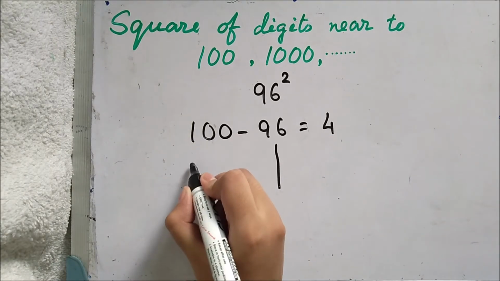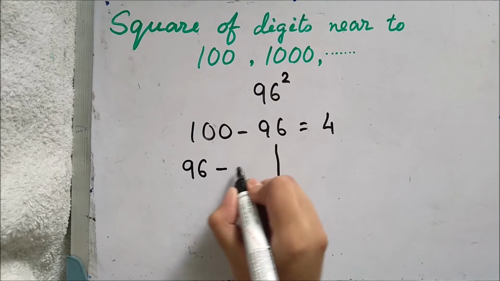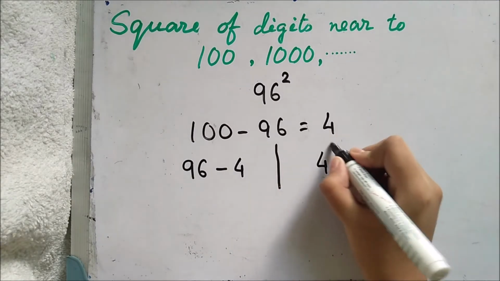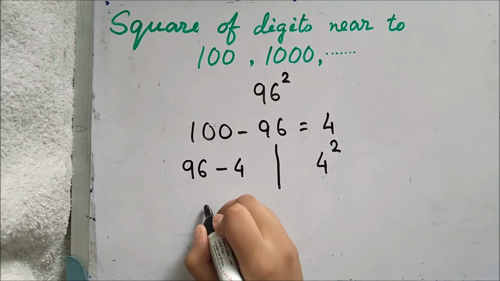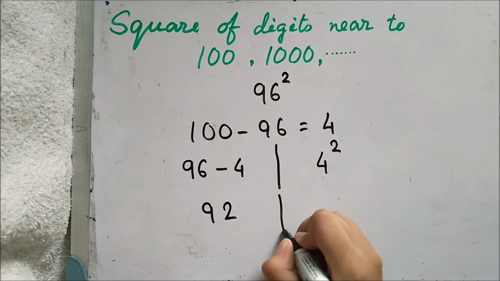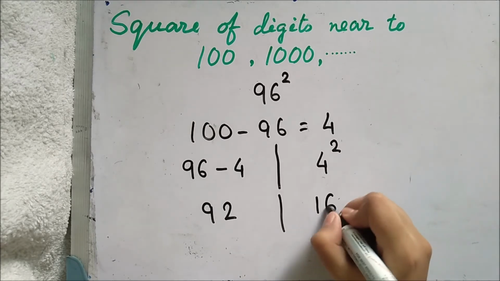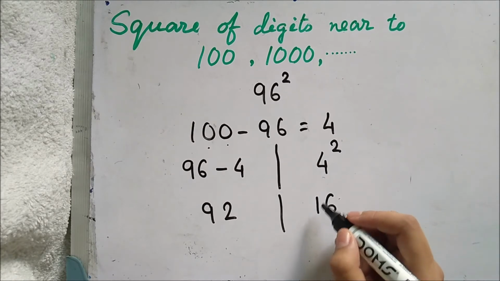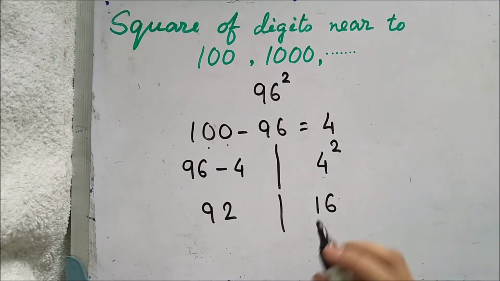Our first part will be 96 minus 4, since our difference was 4, and 4 square. We know 96 minus 4 is 92 and 4 square is 16. We had taken 2 zeros, hence it is of 2 digits, so we don't have to add any other zeros.